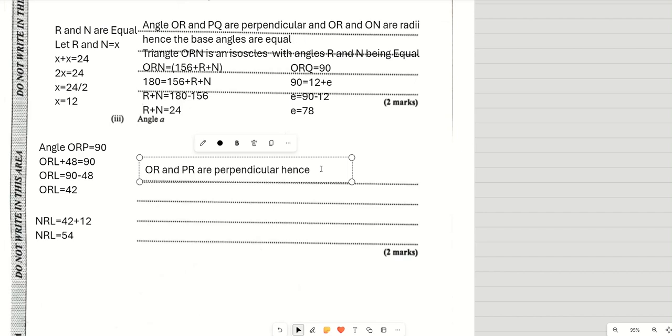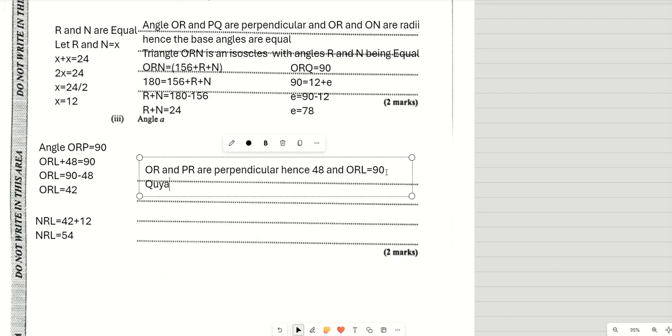OR and PQ are perpendicular, hence 48 and ORL would be equal to 90 degrees. That's the first thing.